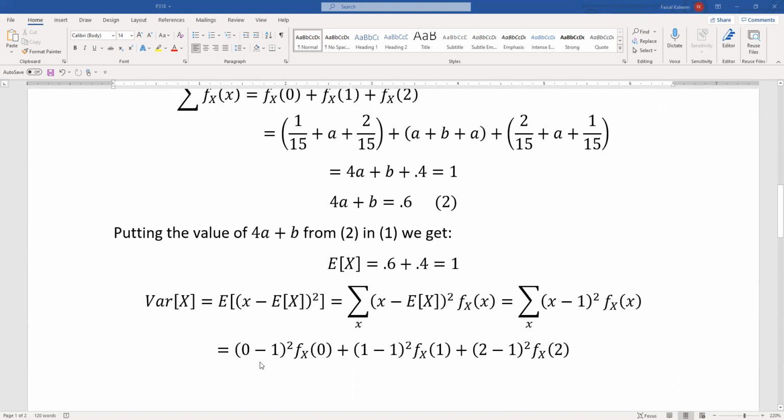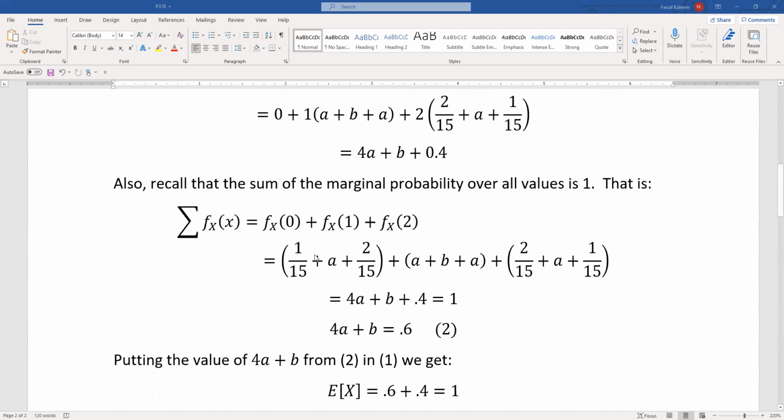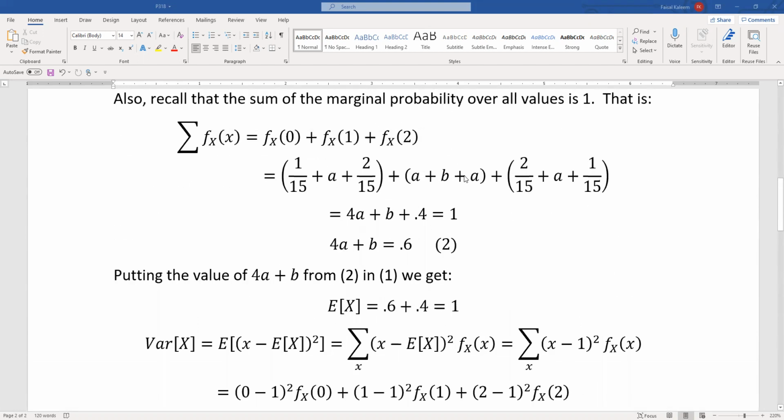So 0 minus 1 whole square fx0 plus 1 minus 1 whole square fx1 plus 2 minus 1 whole square fx2. And fx0 was a plus 0.2. I've just simplified this; 1 over 15 plus 2 over 15 is 0.2. And fx1 simplifies to 2a plus b.